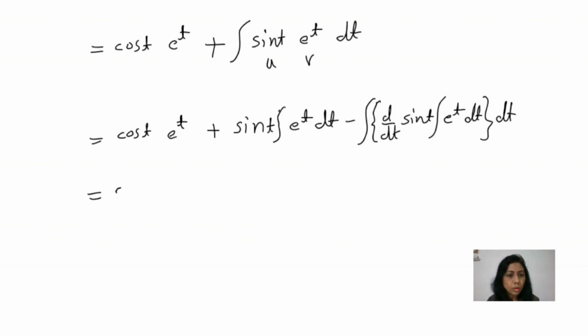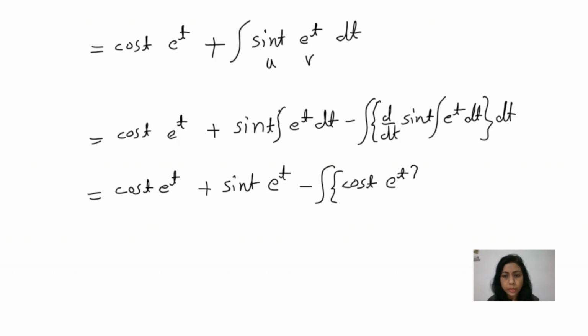So cos t e to the power t plus sin t, and when we integrate e to the power t we get e to the power t, minus integration, and when we differentiate sin t we get cos t, and when we integrate e to the power t we get e to the power t dt.